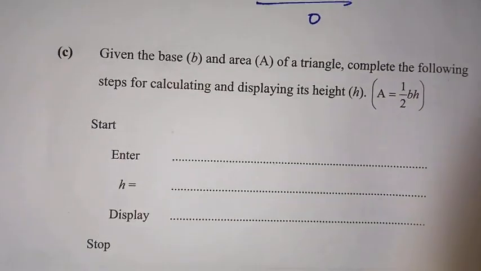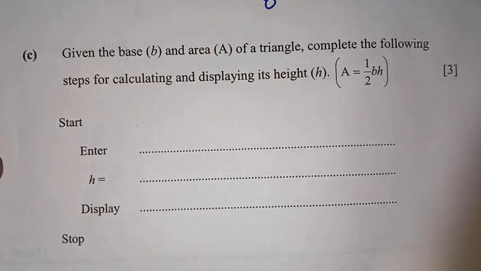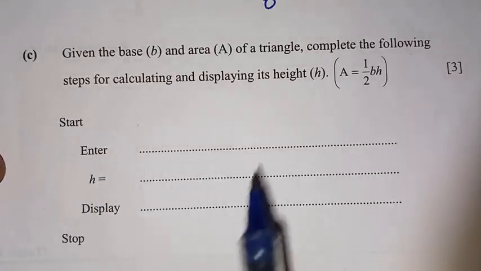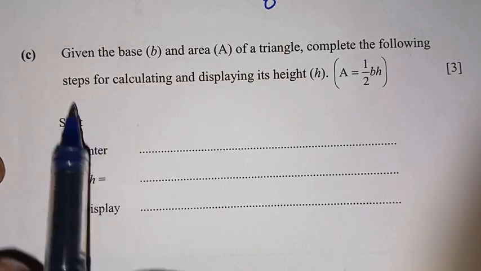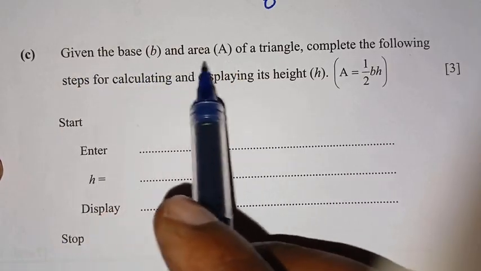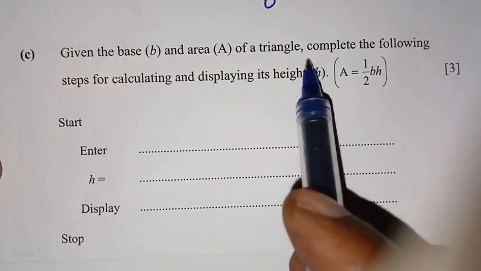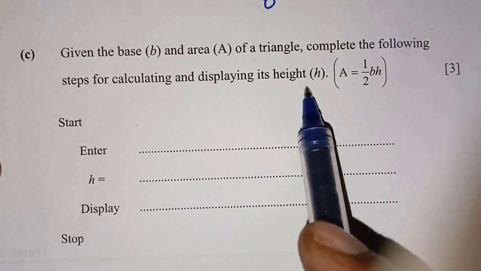Then lastly, we have this question here, which is from computers. If you've heard of the topic computers, this is it. So we have been told that given the base, which is B, and area A of a triangle, complete the following steps for calculating and displaying its height.